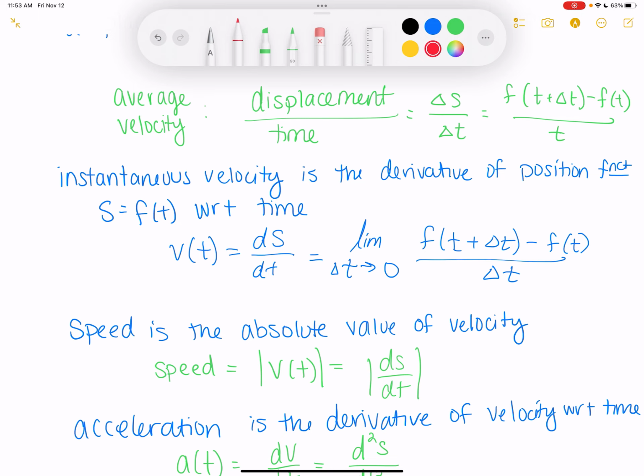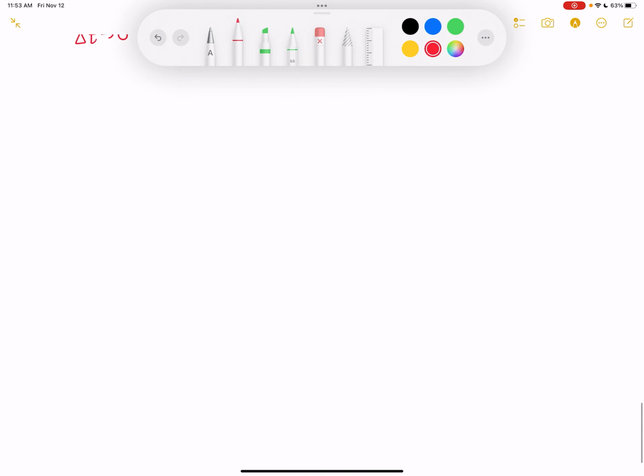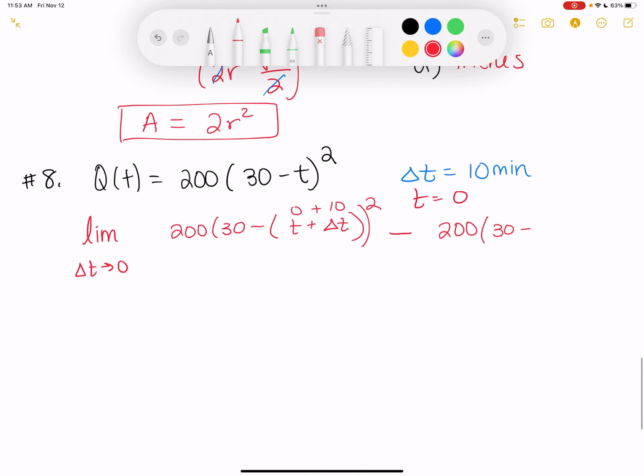The book says f of t, but it's supposed to be 10, so whatever number you're dealing with is going there. So minus 10 squared over your delta t.